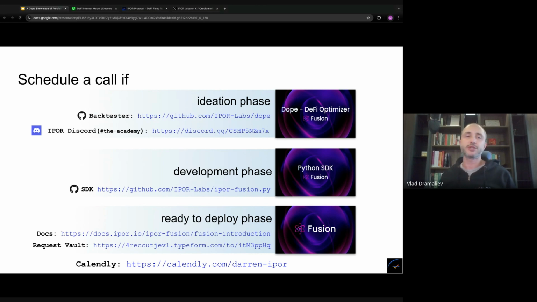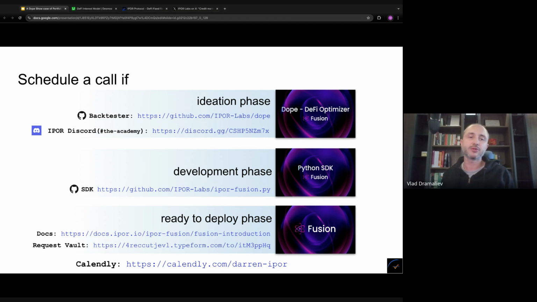Just to let you know that over the next months we plan a lot of new launches. In the Fusion section of the app, we'll have leveraged loop funds live. We'll have index vaults, which I personally am very much looking forward to. It will be a risk-weighted, very interesting product in collaboration with a third party, with another atomist.